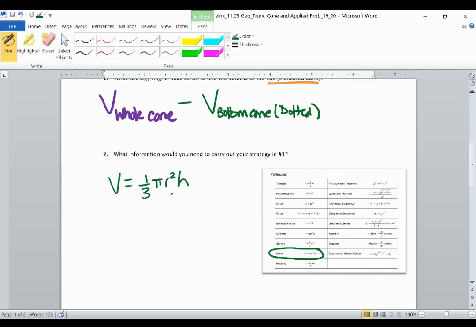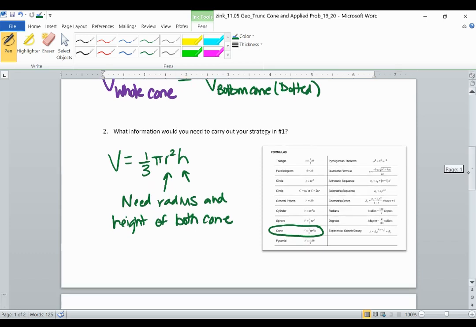In order to find the volume of the cone, I need both the radius and the height of each cone. I need to know the radius and the height of the whole cone, the big one, and of the smaller one. If I know all of those things, I can find the volume of the entire cone, subtract the volume of the bottom cone, and be left with that cup, or that frustrum.